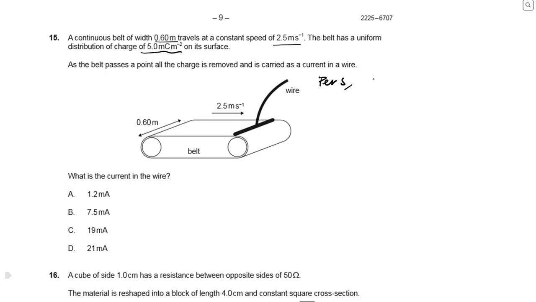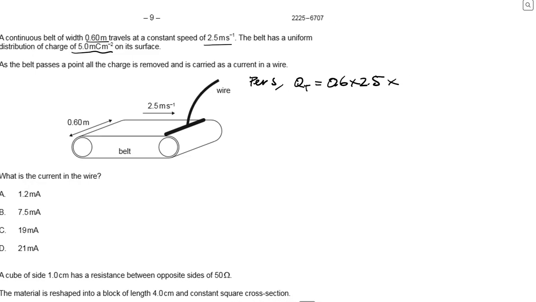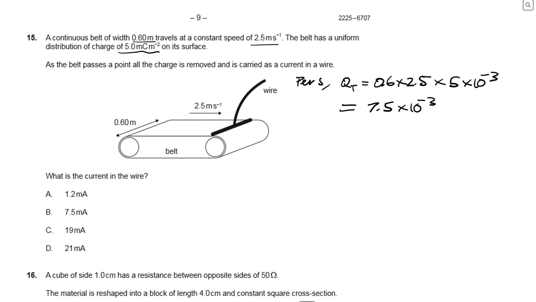Per second, we have 0.6, so total charge is equal to 0.6 times 2.5 times 5 times 10 to the negative 3, because it's millicoulombs. Let me calculate that: 0.6 times 2.5 times 5 times 10 to the negative 3. This is 7.5 times 10 to the negative 3, and that is the total charge.